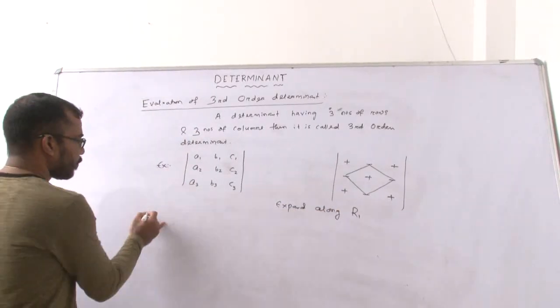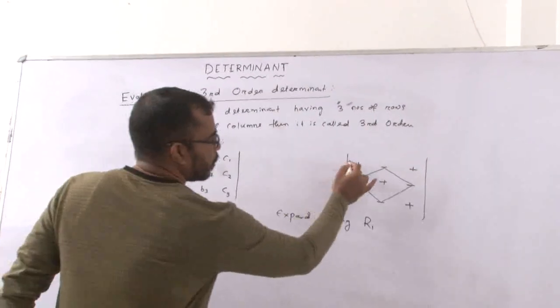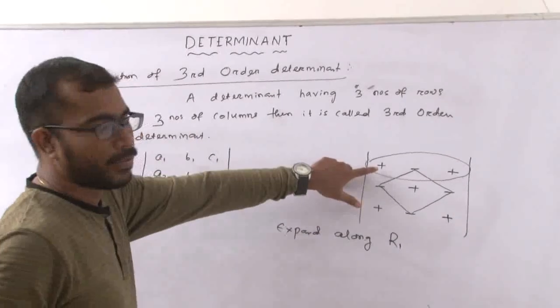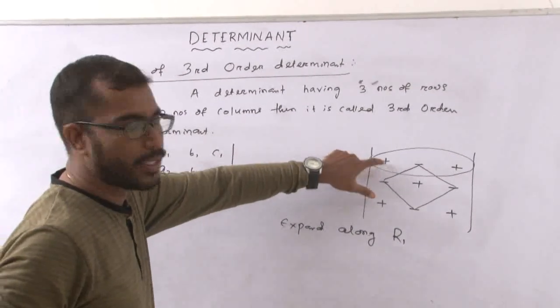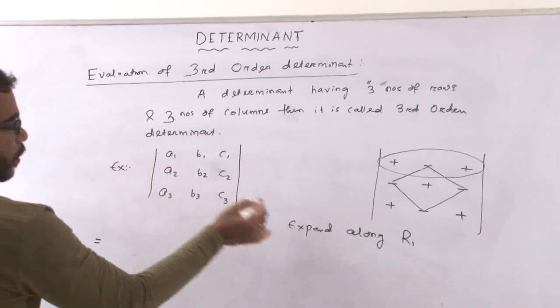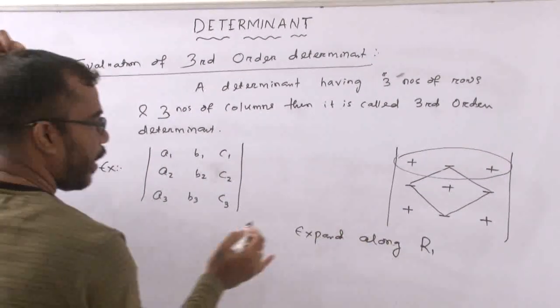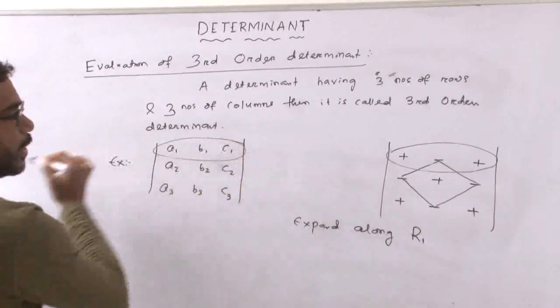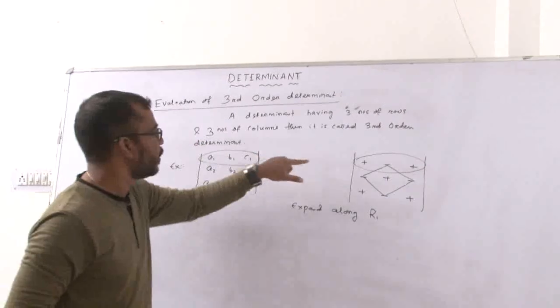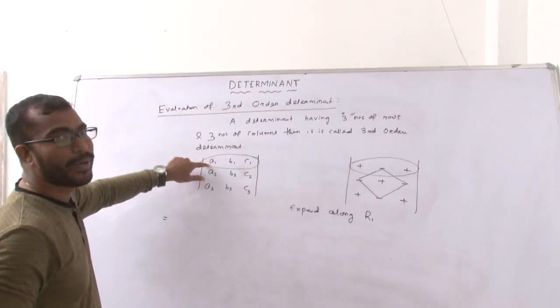So in R1, look at the signs. In R1, the first is positive, the second is negative, and then positive. As we expand along R1, the sign of the first element is positive.